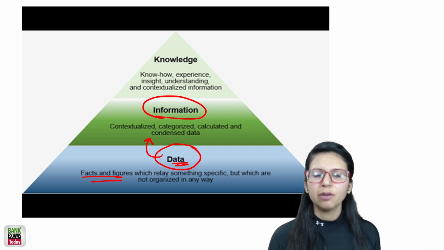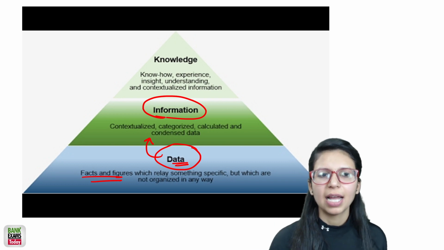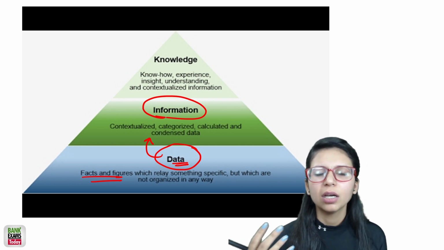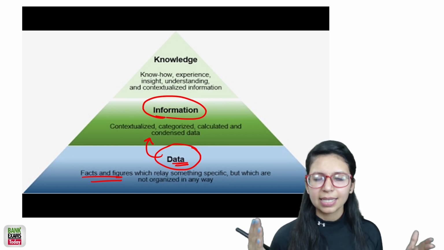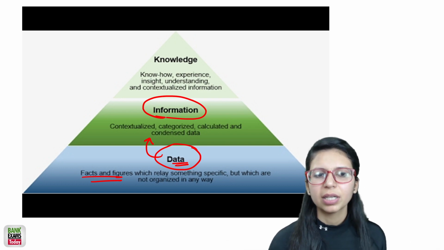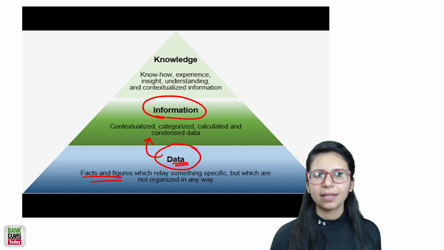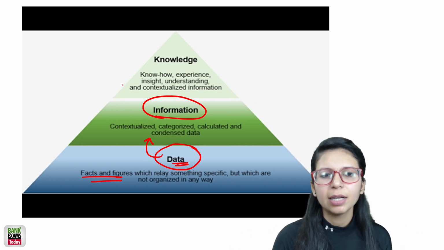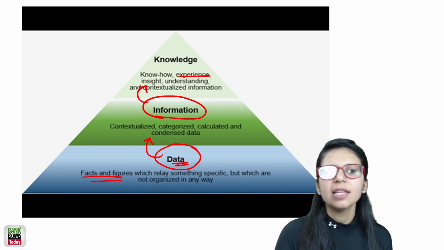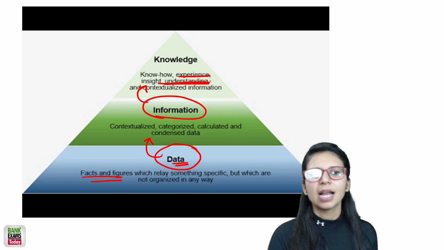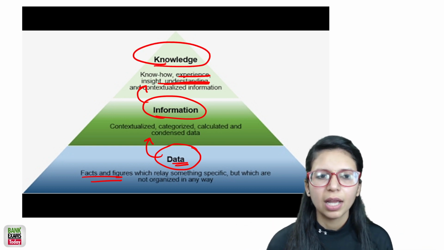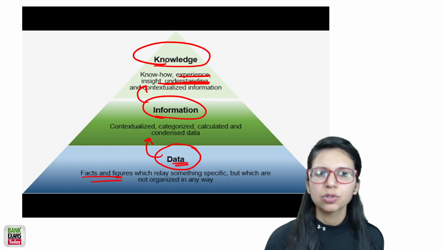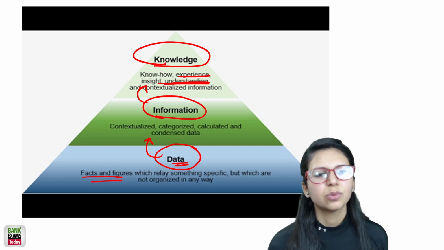Okay, and when we use this information and we have an understanding and experience of it, we get clarity, we know what exactly the data or the information is about. Then it becomes knowledge. When we have experience and a basic understanding of contextualized information, that is what knowledge is.